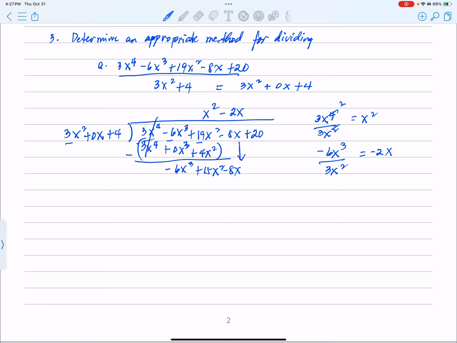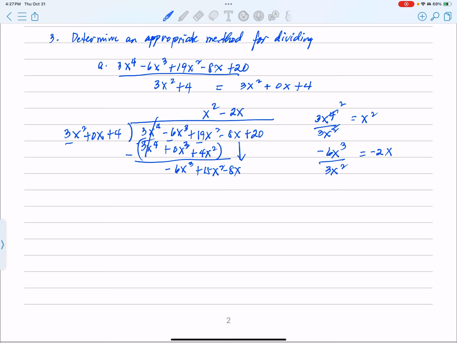Negative 2x times 3x squared, that is negative 6x cubed. Negative 2x times 0, that's 0. Negative 2x times 4, that's negative 8x. Okay, let's subtract. Change the sign.